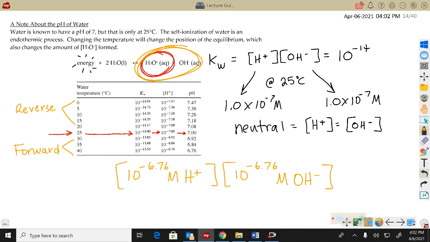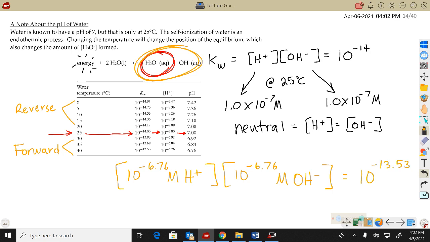But the pH will change, because pH is based on the amount of hydrogen, and that can change if the equilibrium is shifted more forward or reverse. The Kw will change too, because now they're listing a Kw of about 10 to the negative 13.53. That'll change a little bit.